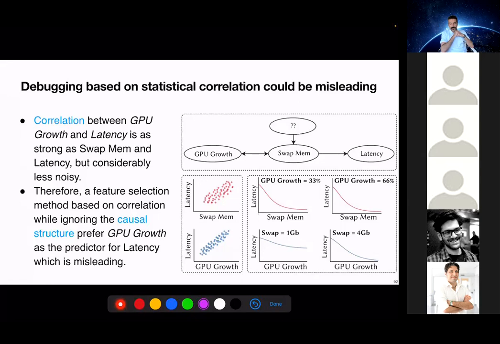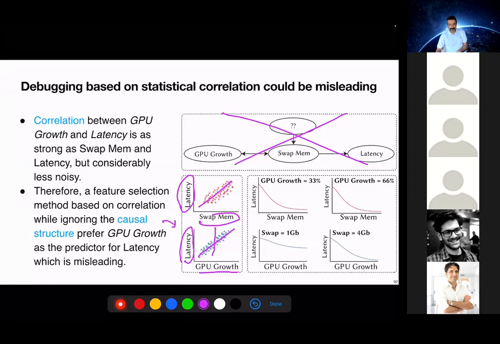To motivate the work, imagine looking only at the data. Ignore this for now. We look at the data, and we see that GPU growth, as one configuration option, is correlated with latency in a nice way. And swap memory is also correlated with latency. But looking at the data, what kind of predictors are they?